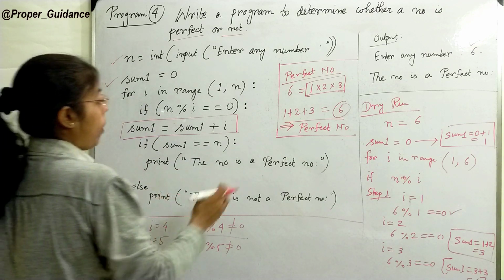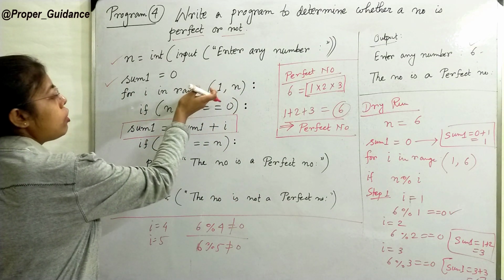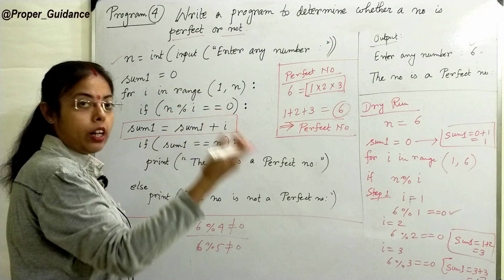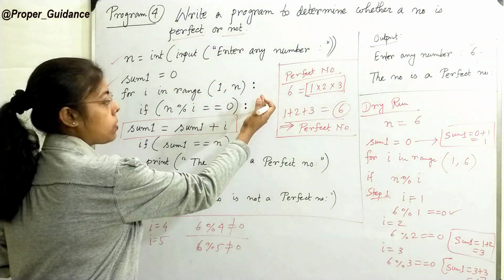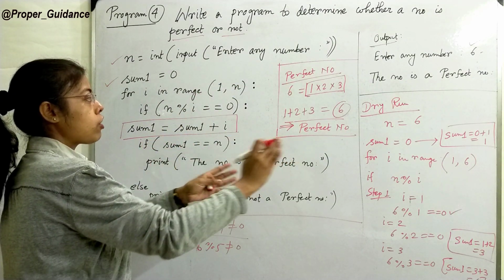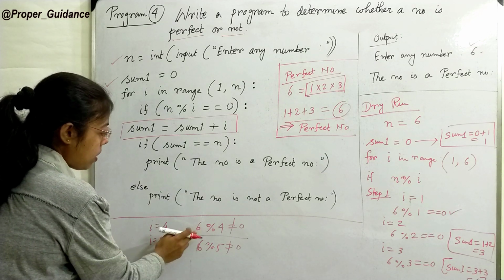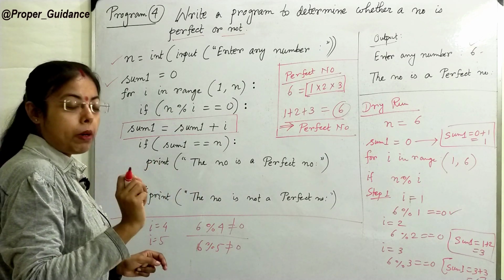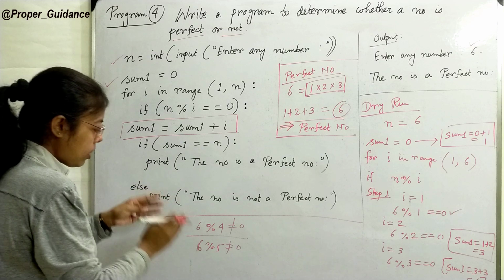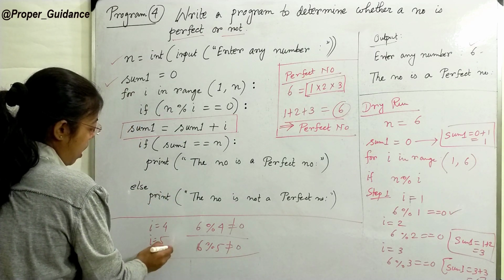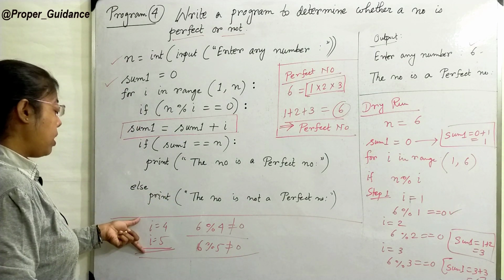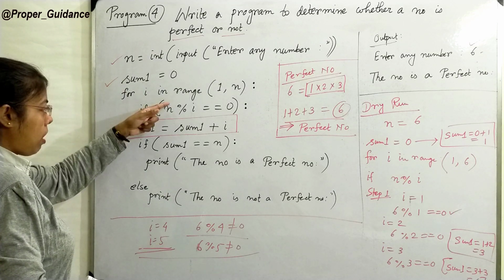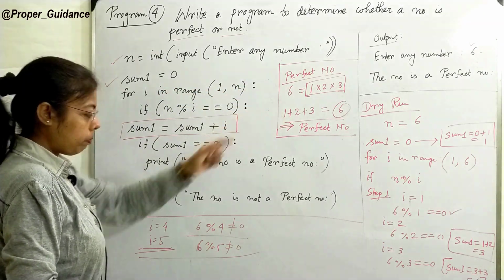And when we consider the range from 1 to n, that is from 1 to 6, 6 will be excluded. That means 6 modulus 6 will not be considered. Okay. We will just consider up to 5. i equals 5 will be the last value for i in range 1 to 6.